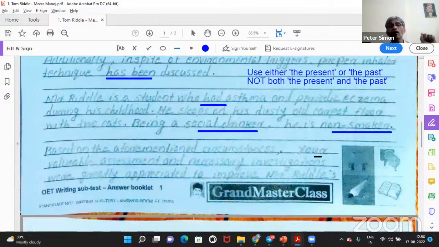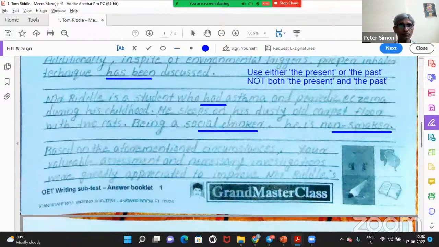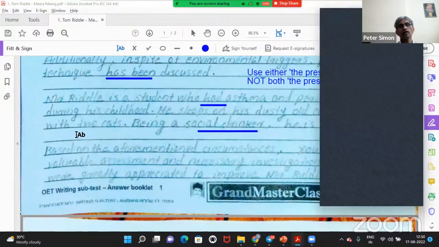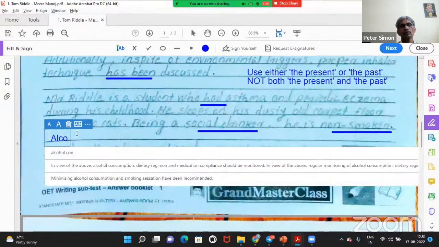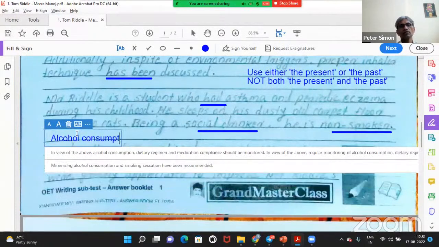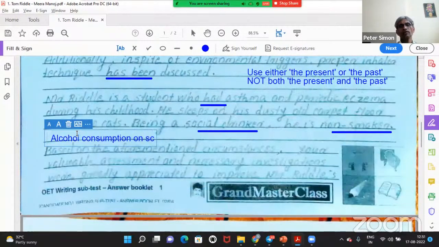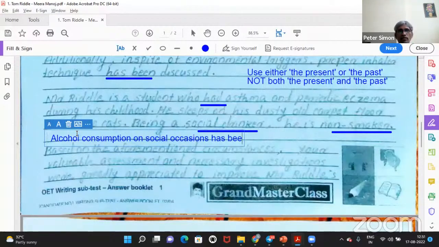Alcohol consumption on social occasions has been reported. See the quality of the sentence.